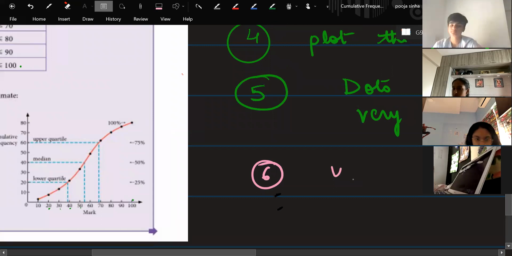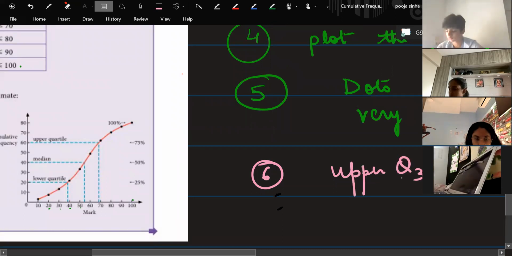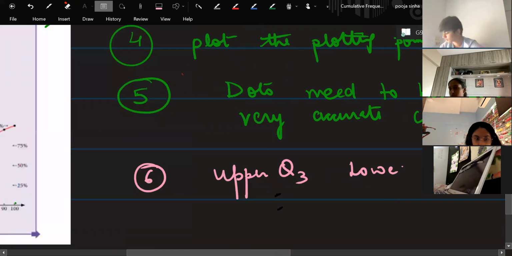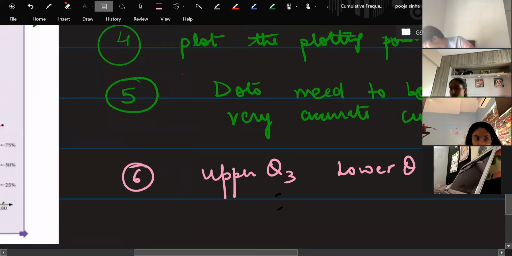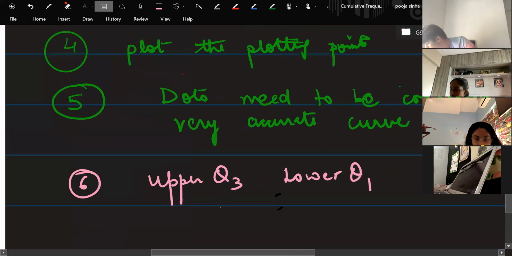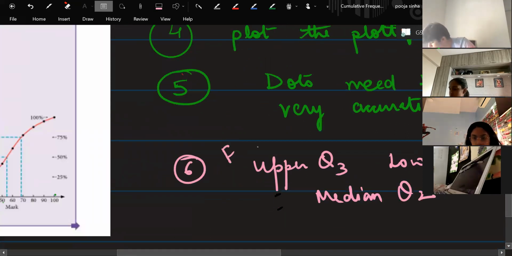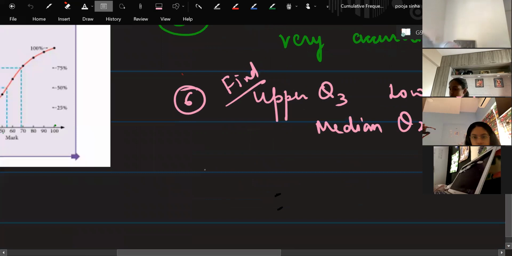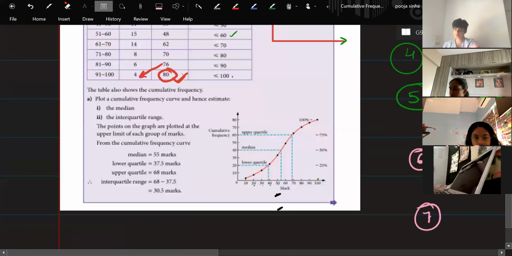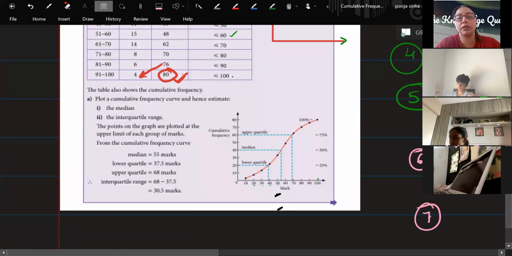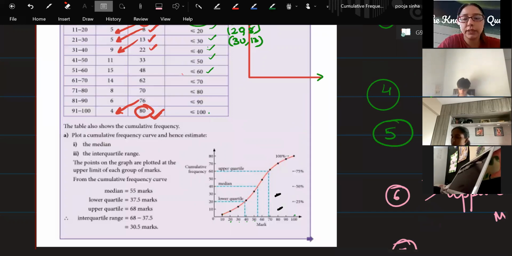Upper quartile, which is Q3, lower quartile, which is Q1, and median, which is Q2. Inko find karna hoga. This is your question. Find. Seventh, how to find. All right. Yahan par how to find would be, what you see is the total number of students.